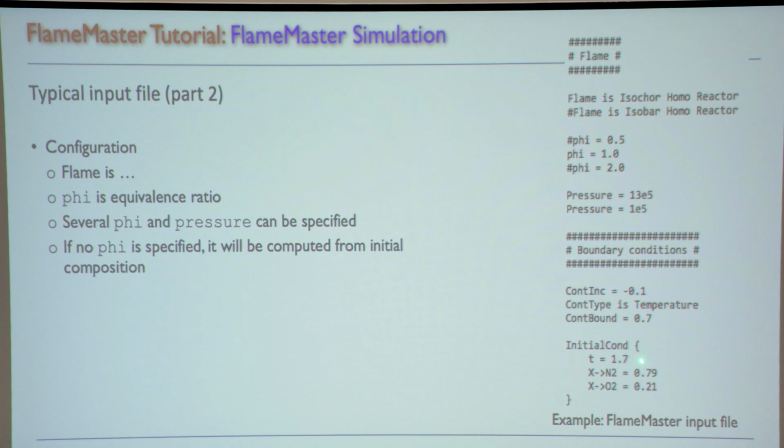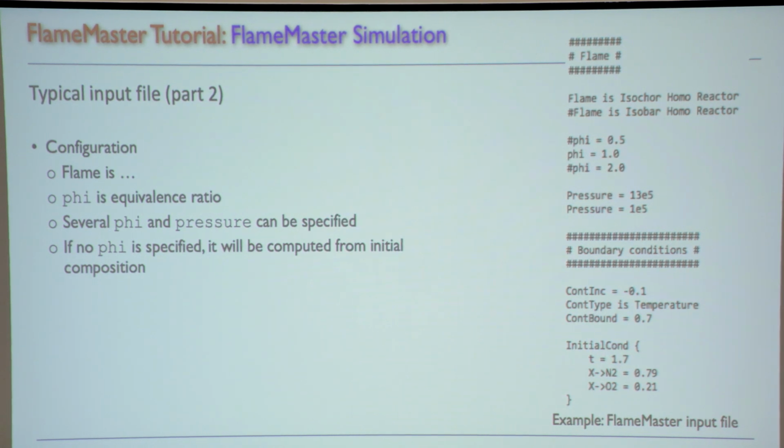So this means I start out with a temperature of 1,000 over 1.7, and this is 588 Kelvin. Then the solution is accomplished, and with this continuation, each next simulation is always minus 0.1.